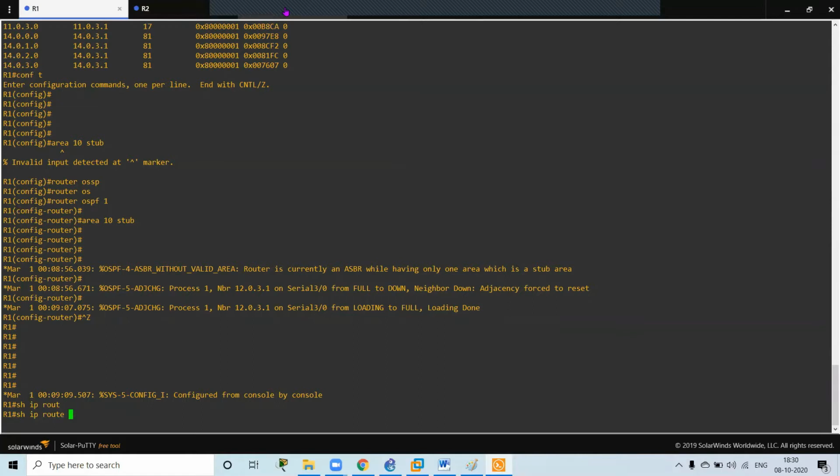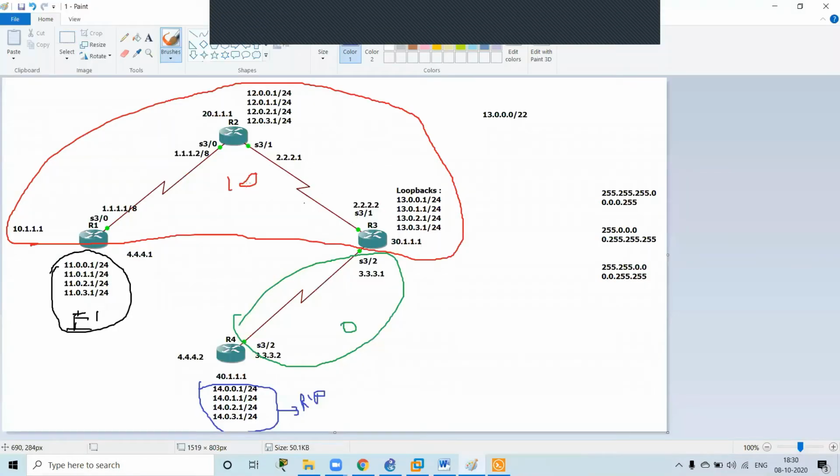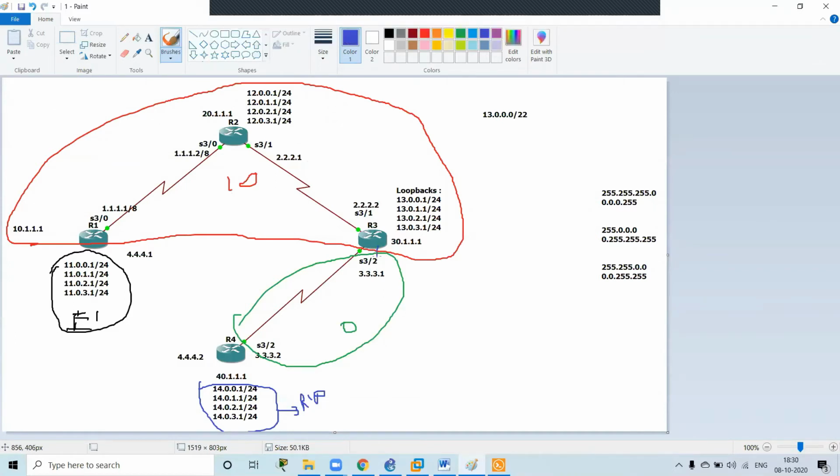I made area 10 a stub area, so the ABR router will not advertise these external routes inside the area. It will keep them to itself. Instead of external routes, R1 and R2 will have only one O*IA route for these RIP routes.